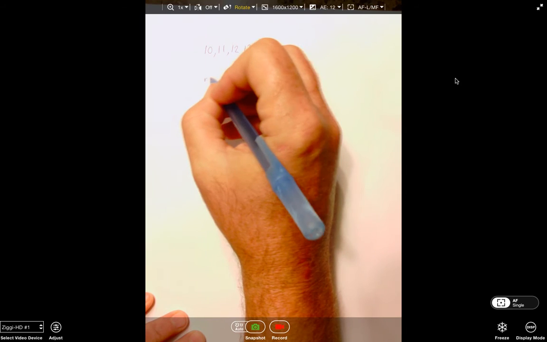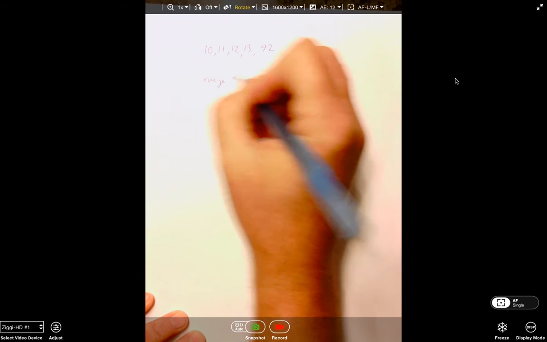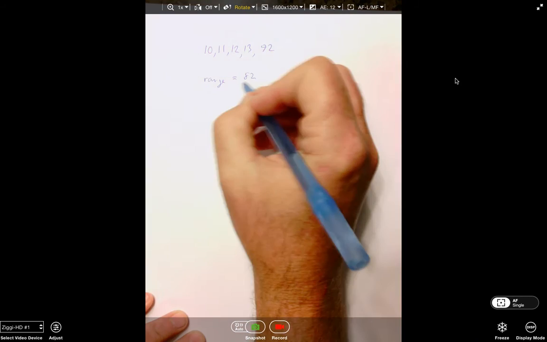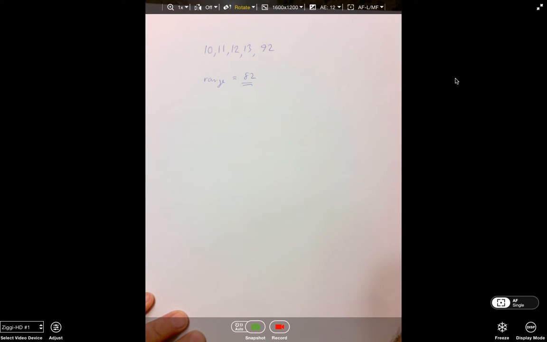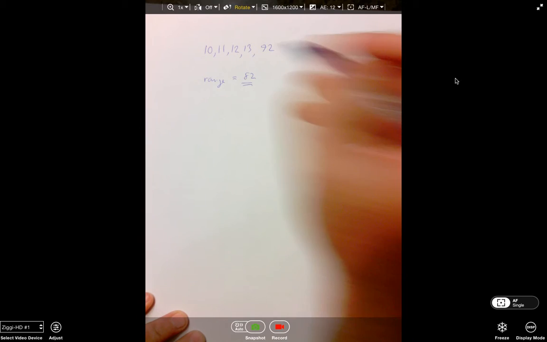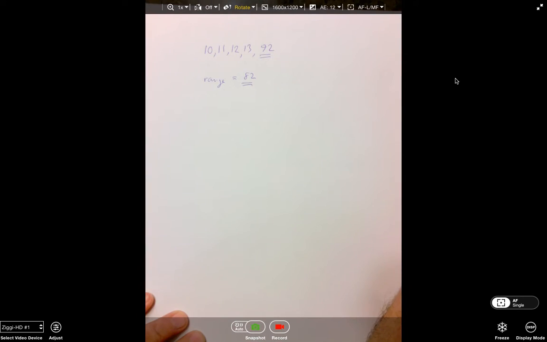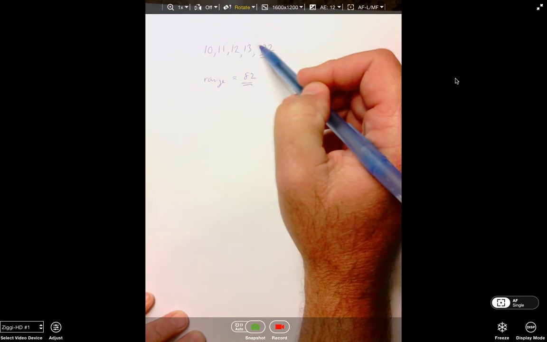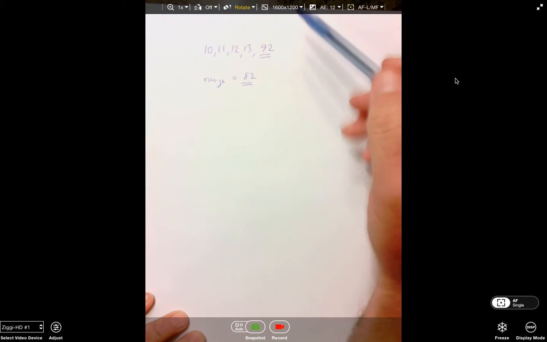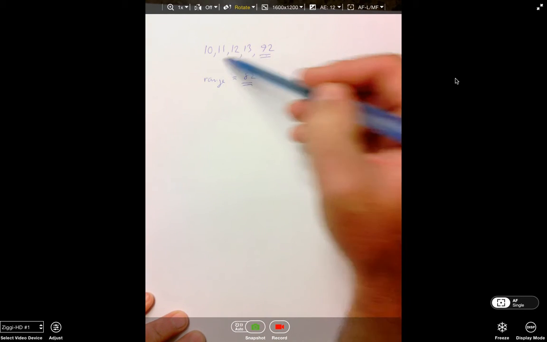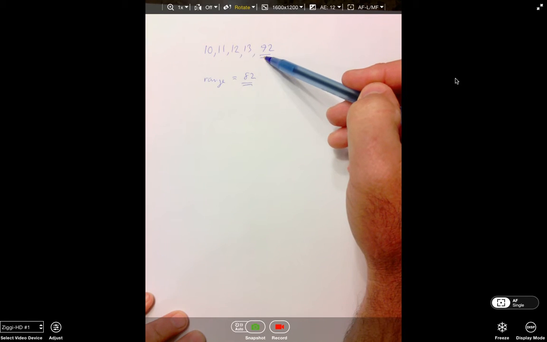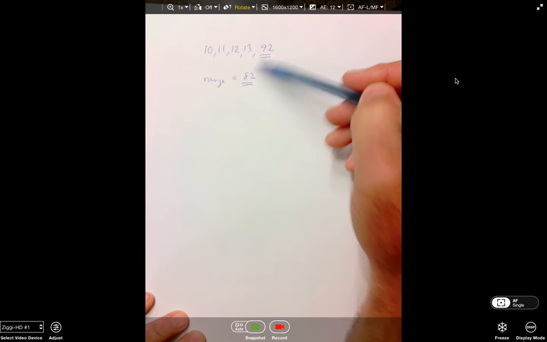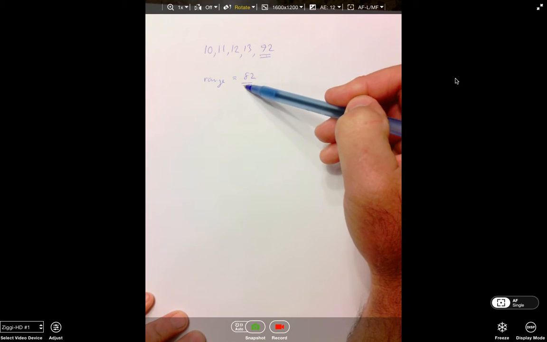Well, our range here would be 82, but you can see that this value is kind of artificially inflated simply because of this one value. Well, this 92 is clearly outside the range of 10, 11, 12, 13. So relative to the other scores in the data, 92 is unusually high. And 92 has a big effect on our range.